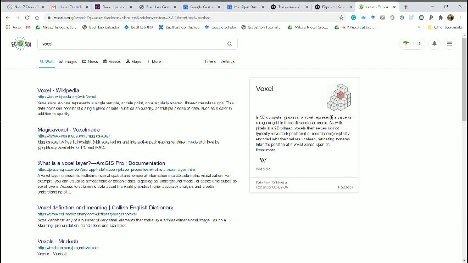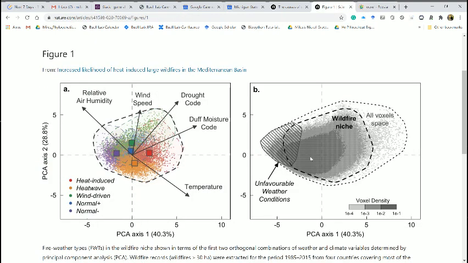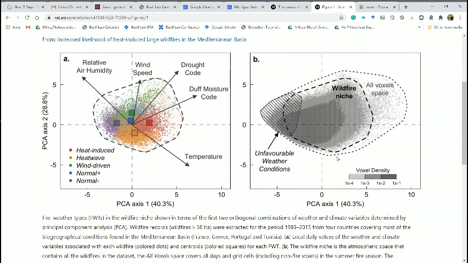Okay, so a voxel represents a value on a regular grid in 3-dimensional space. And so it took some 3-dimensional space, collapsed it into 2 dimensions, and then they colored these points based on the density of those voxels. Not entirely sure how to interpret that.